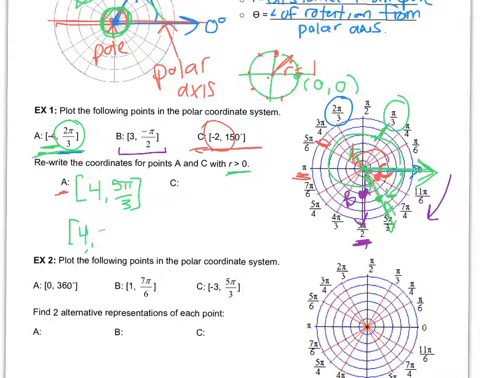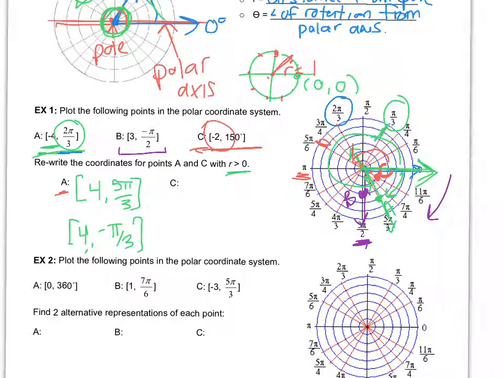So +4, negative pi thirds. So all 3 of these polar coordinates, the -4, 2 pi thirds, 4, 5 pi thirds, and 4, negative pi thirds, all represent this exact same location on a polar graph.